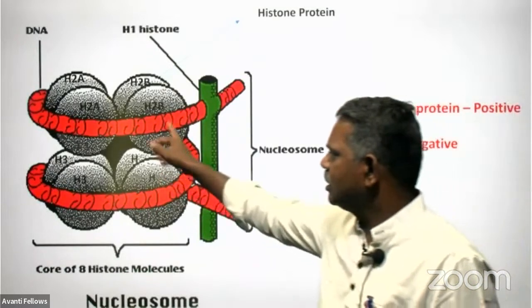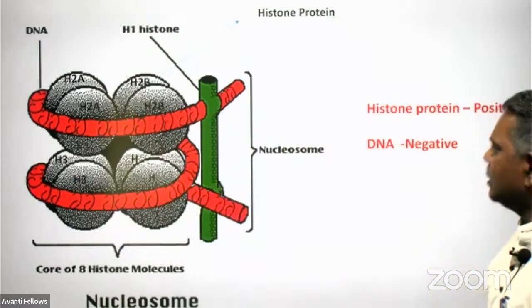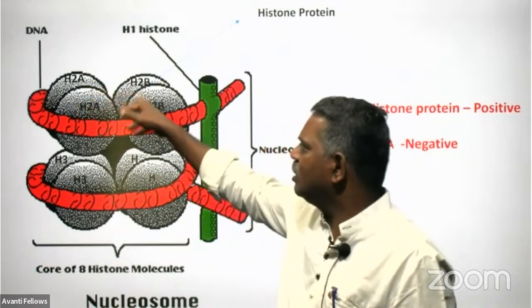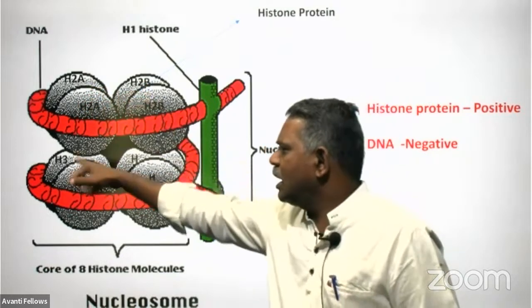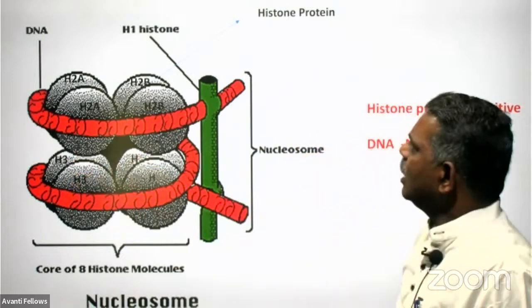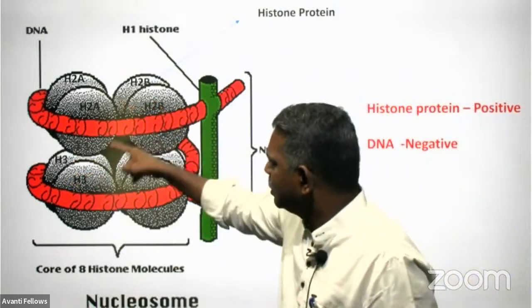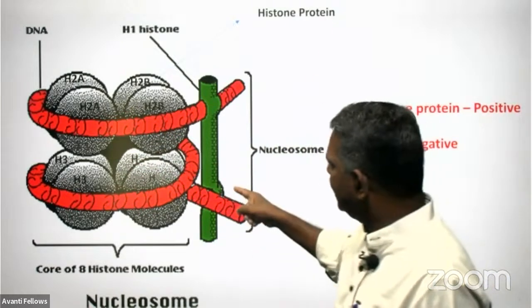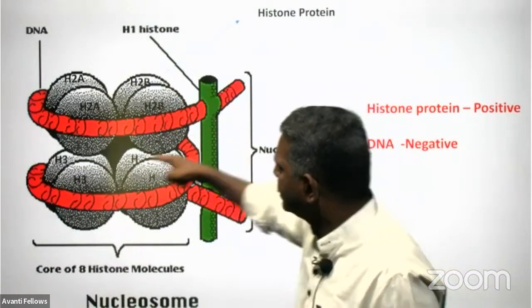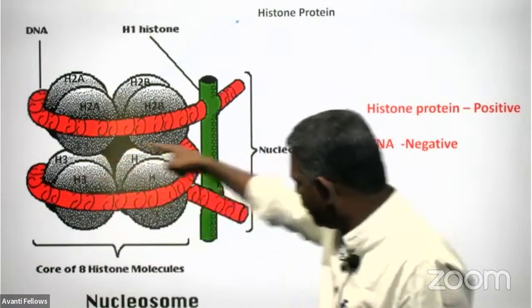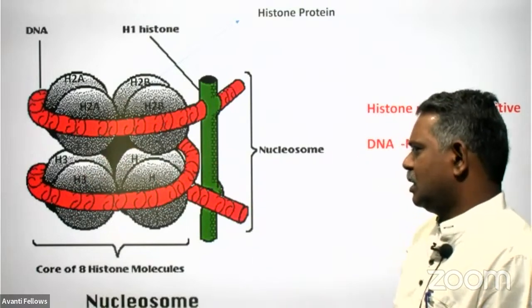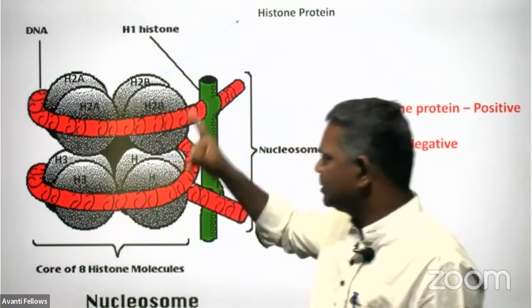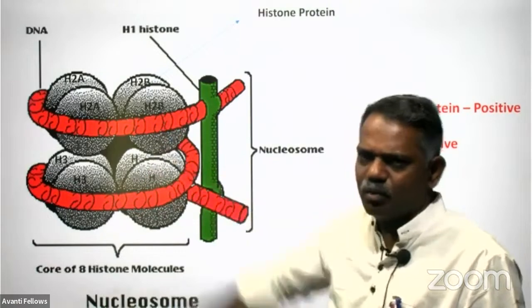And these are the histone proteins given here in dark color, that round structure: two histone H2A molecules, two H2B molecules, two H3 and two H4, and this is the histone octamer. And the DNA, given in red color, is wrapped around this histone octamer 2 times. And this is the core of the histone molecule. This DNA molecule is negatively charged, and histone is positive in charge.